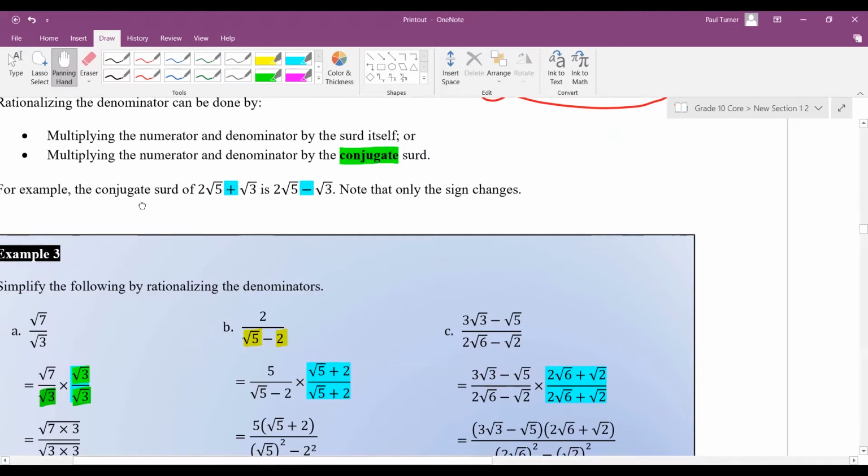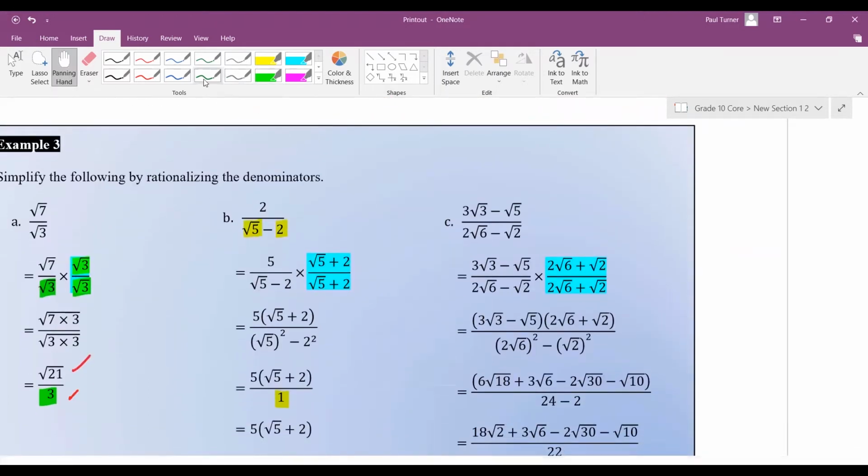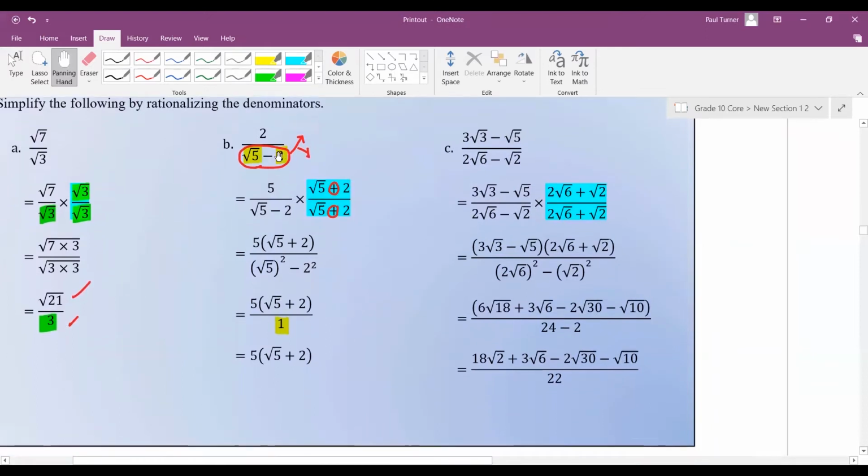So what that means is you basically take your number, root 5 minus root 2, and you write it top and bottom here, but you change the sign like that. Don't forget to change the sign here. If you don't, you'll end up with irrational numbers still in the denominator. So take this number, change the sign, and then multiply.